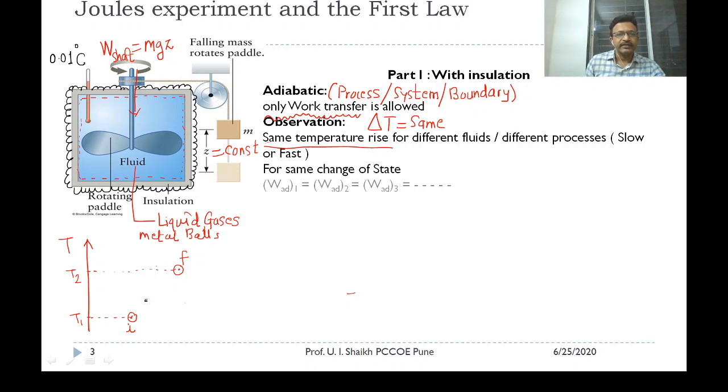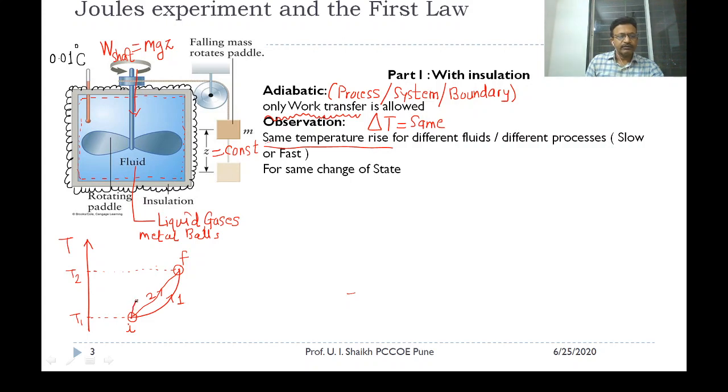Now, as I said, the experiment was repeated for different types of fluids. Different types of fluids have different properties. So, when work is applied to different types of fluids, the fluids behave in a different manner. Some fluids may change their state very slowly from I to F following this path 1, whereas some fluids may change the state by following this path 2.